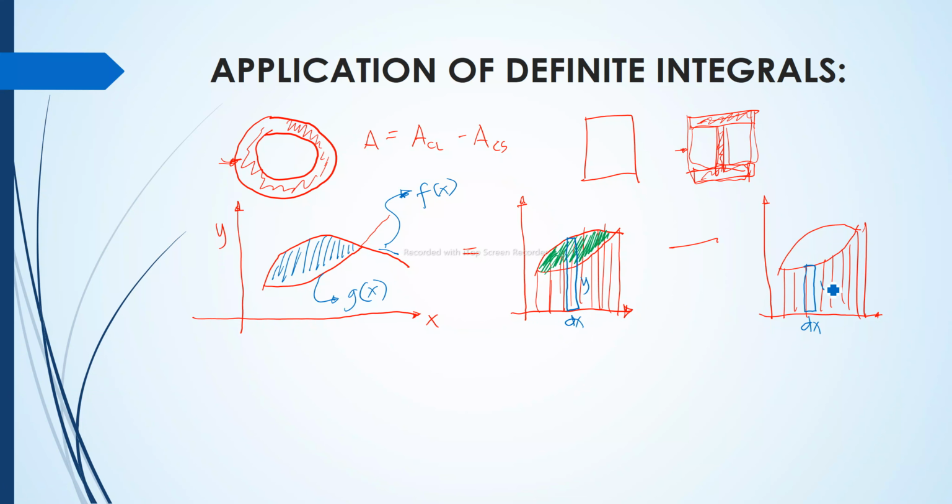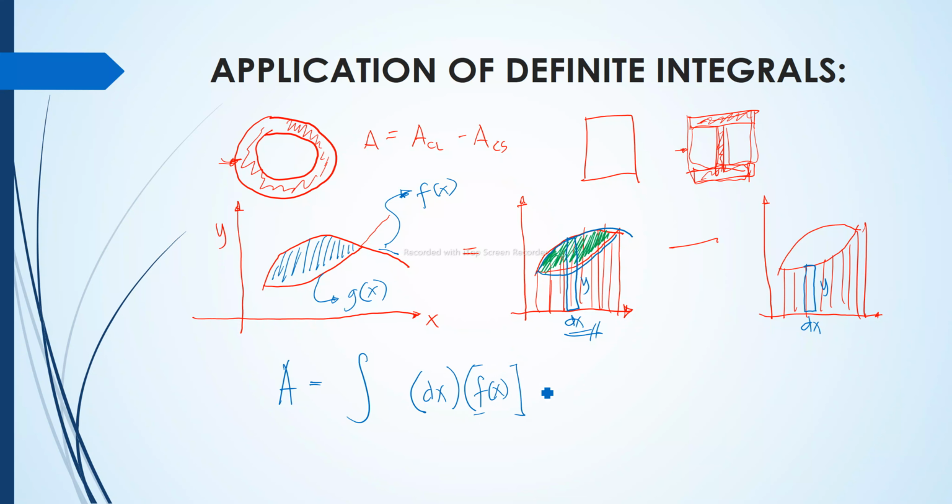So the area will just be the integral of this element, the base times the height. But since the upper y, the function of this curve, is different from the function beneath it, we represent that y as an f of x.